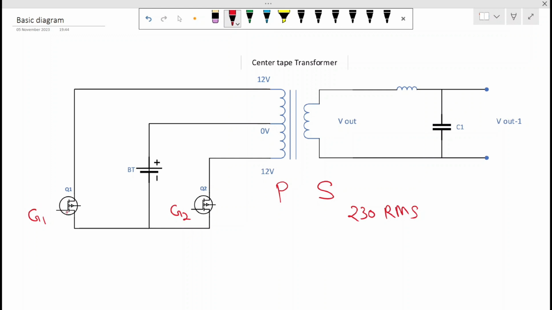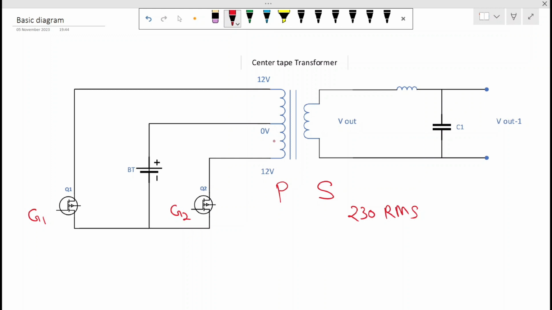If I trigger Q1, then it turns on. And if I trigger G2, then Q2 is on. On means it becomes a short. Then only my transformer will get the input voltage from this section, and then the output will be generated accordingly.